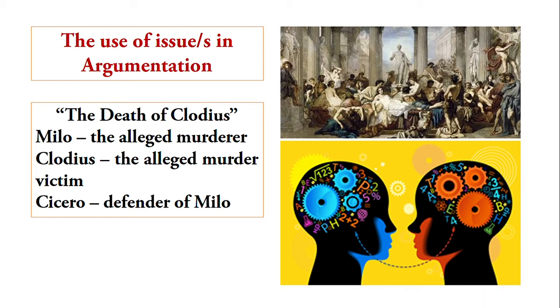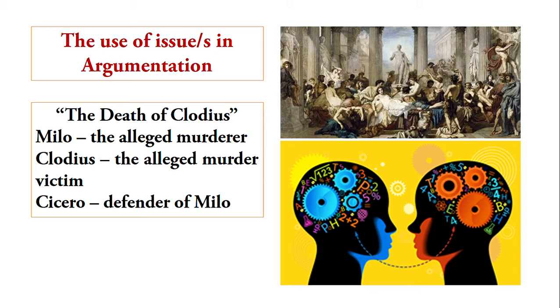So again, in the death of Claudius, the issue of fact was disregarded because if we just look at the facts, Milo really killed Claudius. But through the issue of definition, which is the definition of murder, he defended Milo, arguing that the killing was committed only out of self defense.